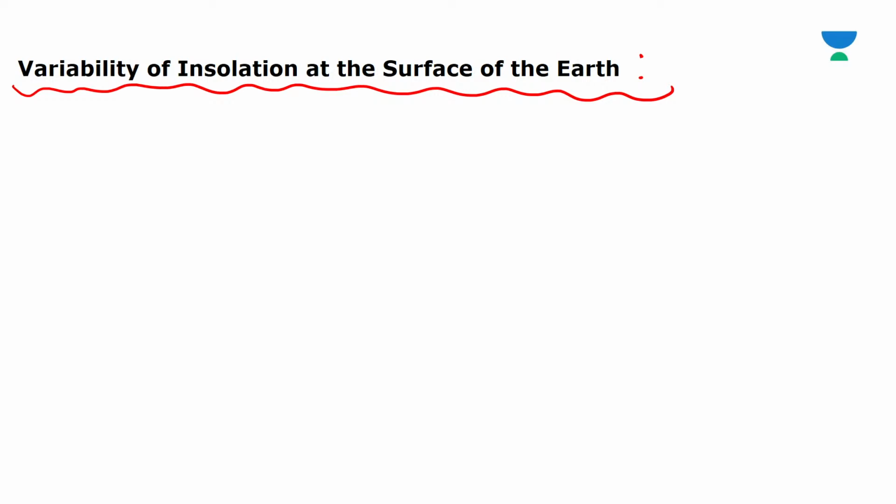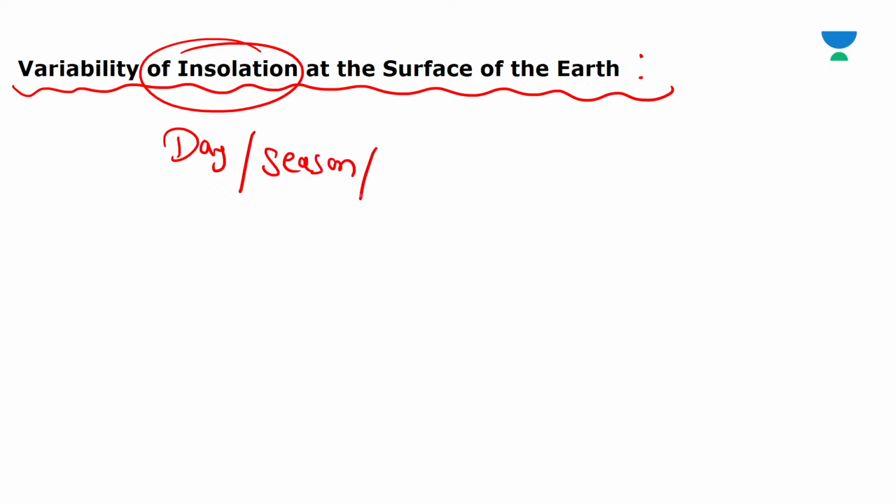The amount and intensity of insolation vary during a day, in a season, and in a year.